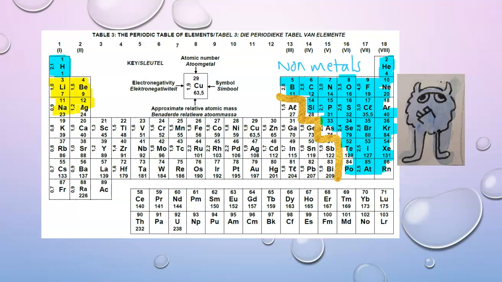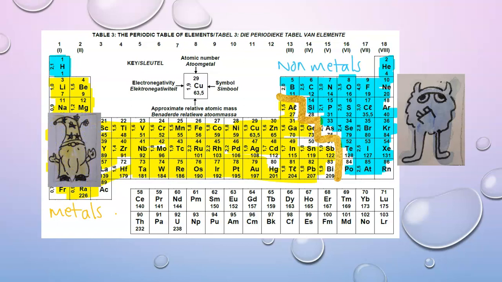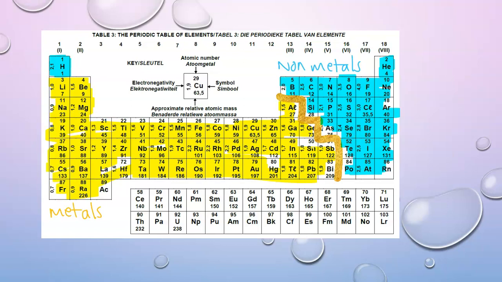And then everything here on the left-hand side are our metals, and our metals were our little gnomes. Now we also have the metalloids that are around the step, but I'm going to leave that for the periodic table video. So let's take oxygen and just redraw her information.